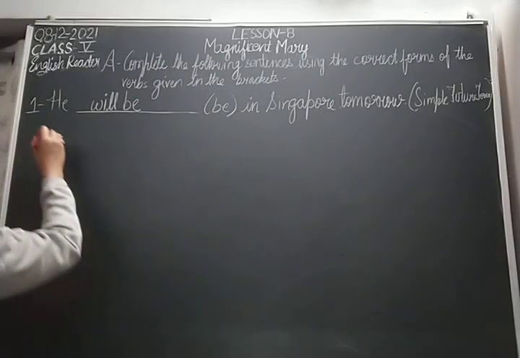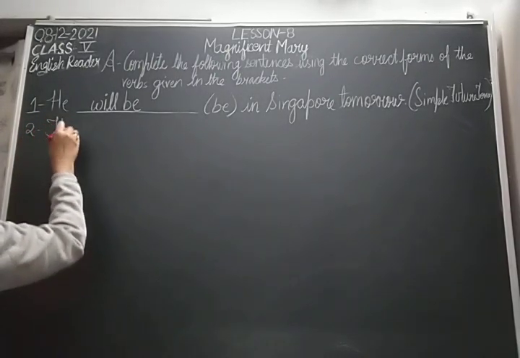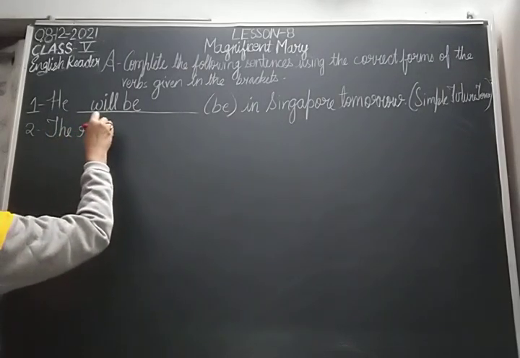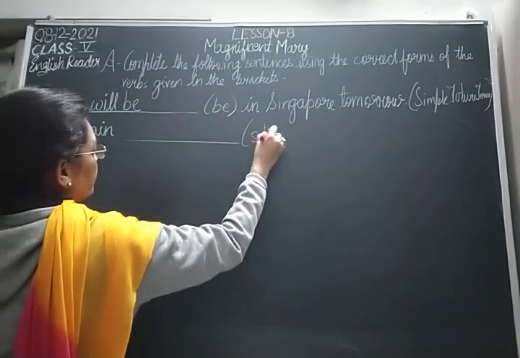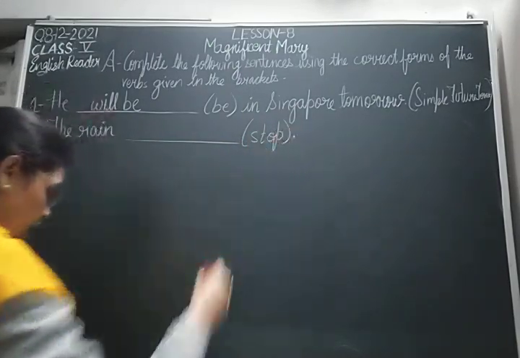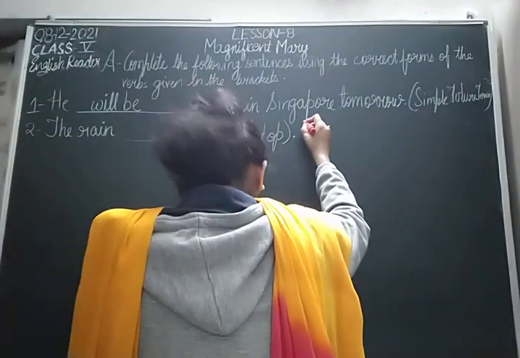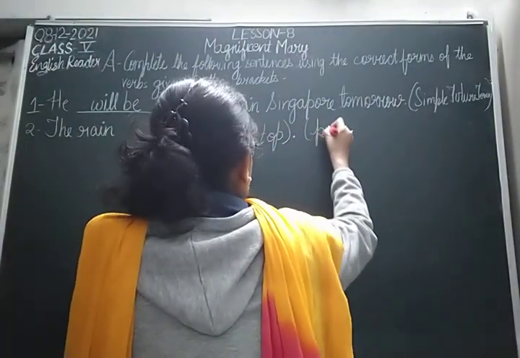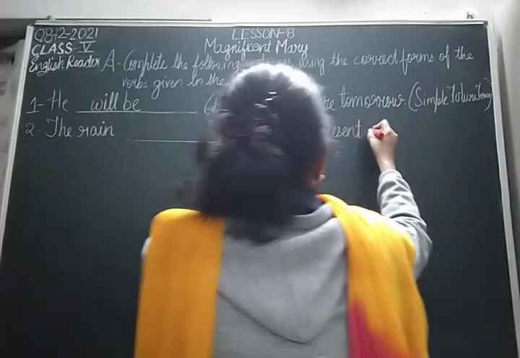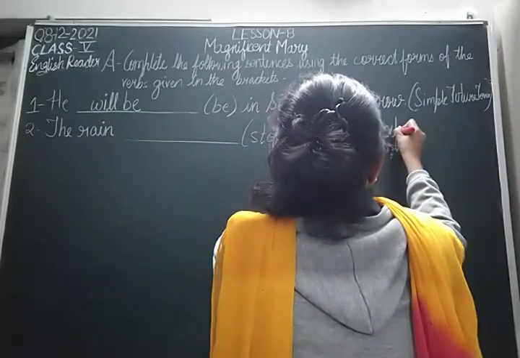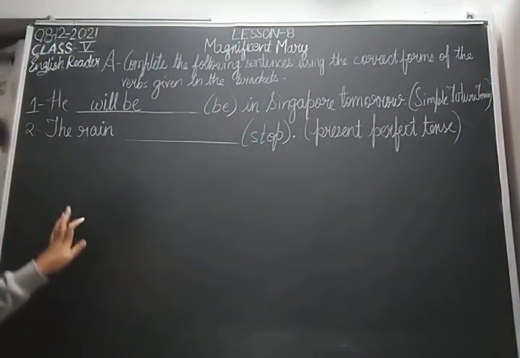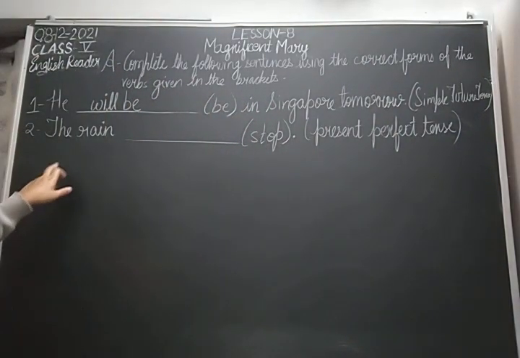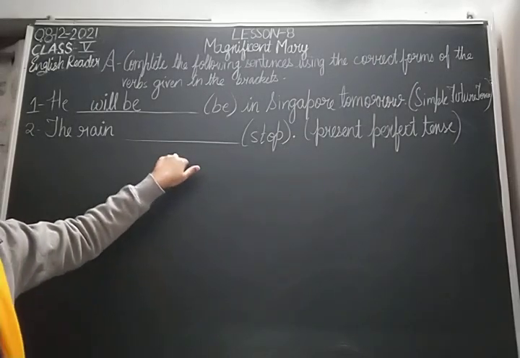Second, the rain dash stop, and this has to be done in present perfect tense, that means we need to use has or have plus the past participle form of verb.